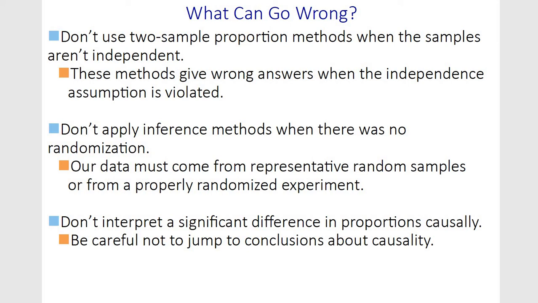You can't violate those independence issues. They must be random as well. A lot of times people just overlook them because they assume it's going to work out. Sometimes that's a question, and the answer is no, you can't continue. So don't just assume. Don't interpret a significant difference in proportions casually, and don't jump to conclusions about causality.